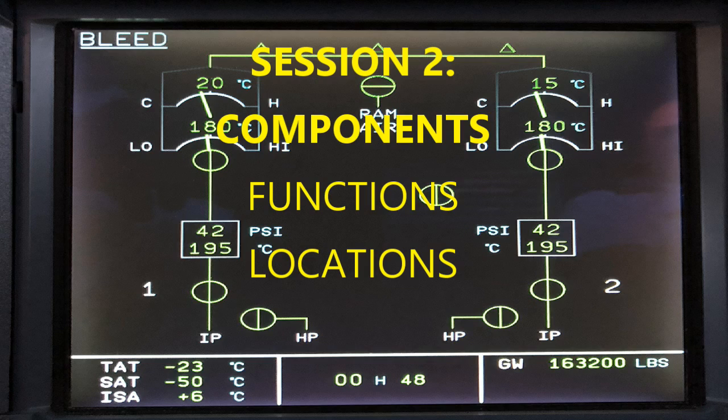It prevents that airflow when you have a high pressure 9th stage coming into the pneumatic supply during low thrust operation, so it's going to allow high pressure to take over. That part is installed in the duct leading from the 5th stage of the high pressure compressor in the engine compartment, at the 9 o'clock position. So where is the intermediate pressure check valve located? It's at the 9 o'clock in the engine compartment. That's the answer.